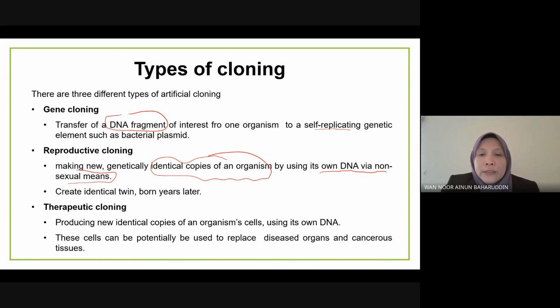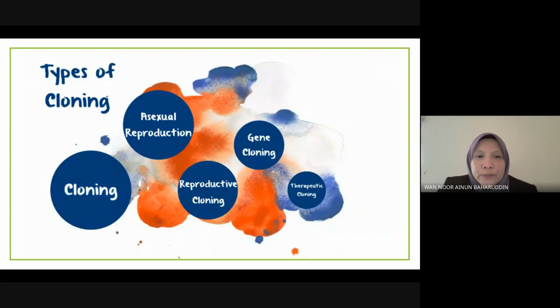Okay, so daripada copies of an organism can create identical twin and born years later. Okay, then we do have therapeutic cloning, that produces an identical copy of an organism's cells using its own DNA, and then can potentially be used to replace diseased organs and cancerous tissue.